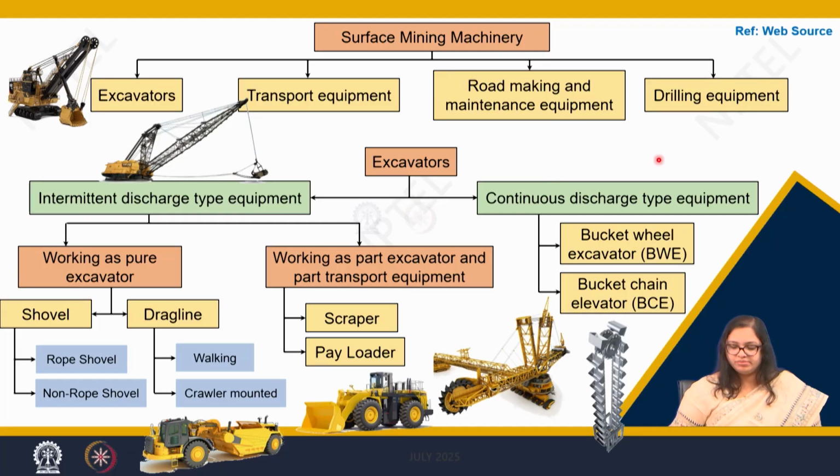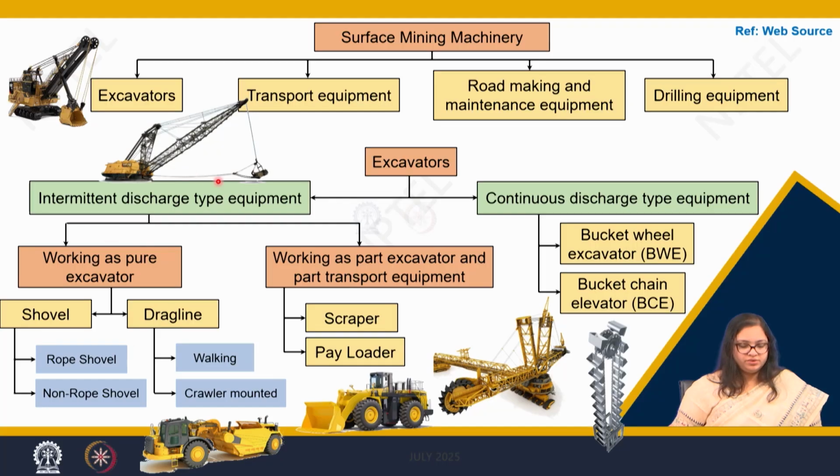However, with a continuous discharge type equipment, the excavator does continuous excavating operation where it excavates the material and the material is directly dumped onto a transport machinery which carries it to the dumping site.